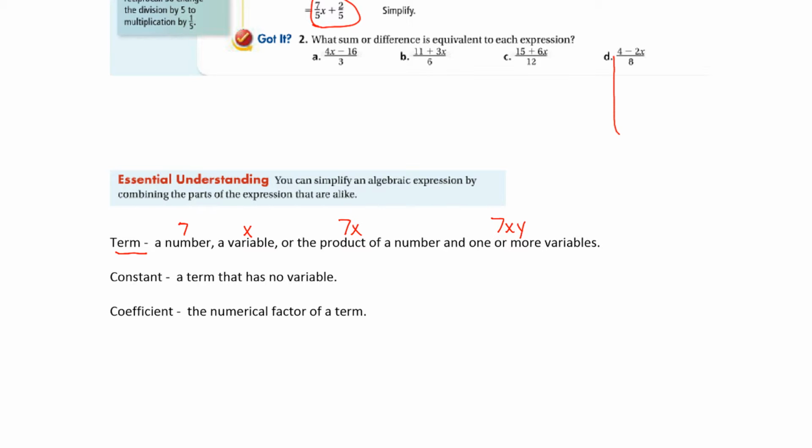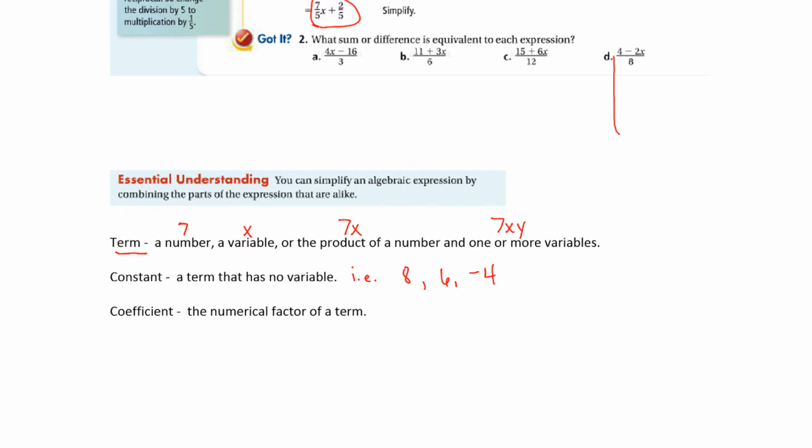The constant is a term that has no variable, so it would just be a regular number. For example, 8, 6, -4. All those are constants, just numbers, no variables. The coefficient is the numerical factor of a term.